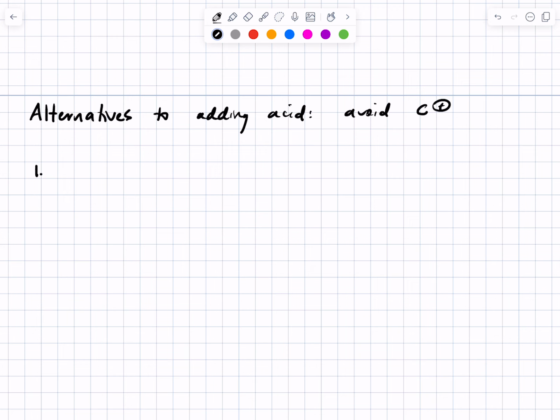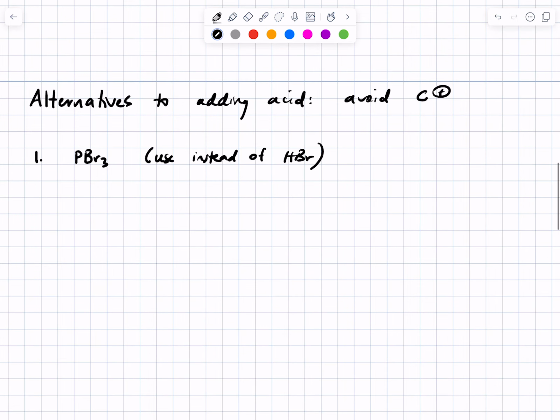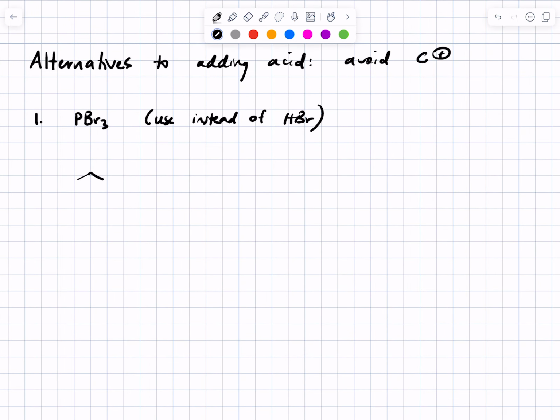All right, option 1 is a reagent called PBr3, which we're going to use instead of HBr to turn the OH into a good leaving group and to replace it with bromine. All right, so I'll show you just sort of a standard reaction.